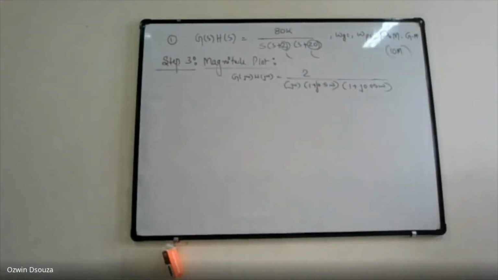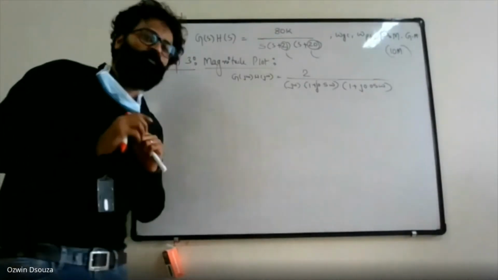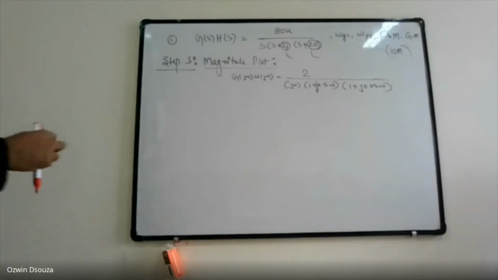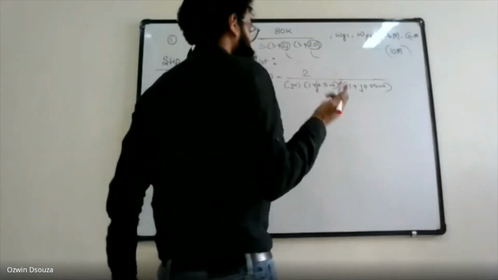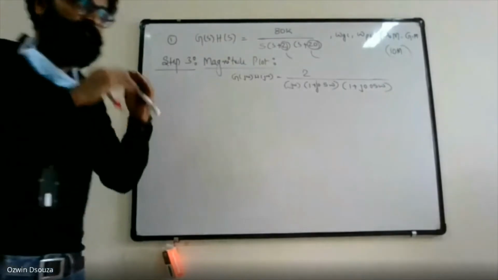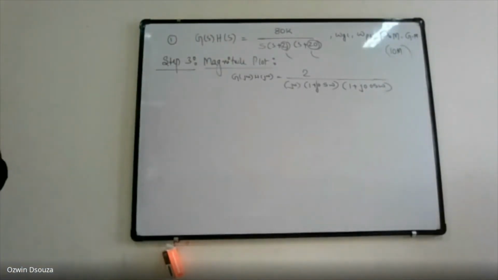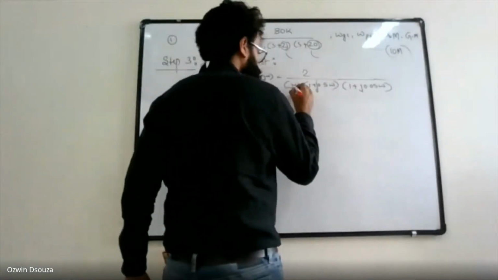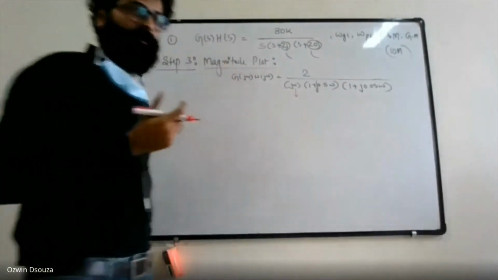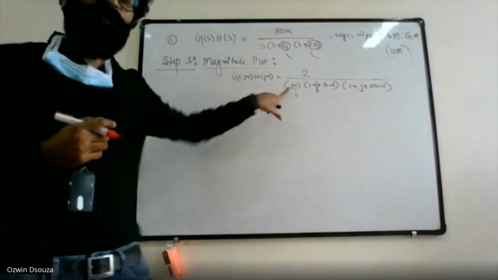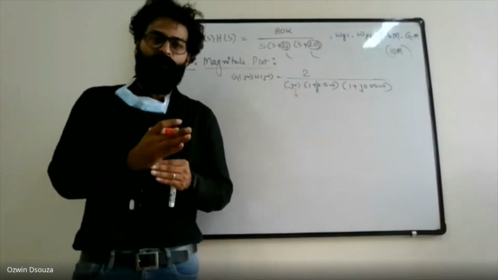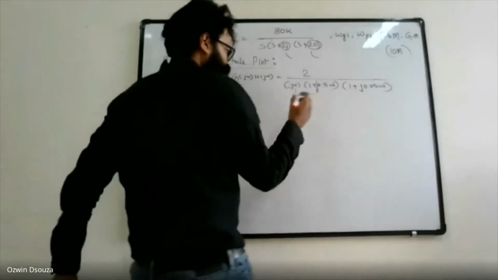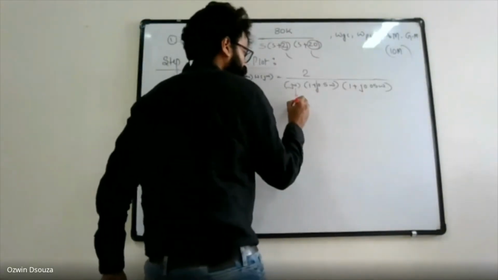So in order to draw magnitude plot, first and foremost thing is that you must write down the corner frequencies, right? Because you have to arrange the factors in the ascending order of corner frequency. All right. So first let us find out the corner frequency of this. This is not in time constant form, right? Time constant form means 1 plus j omega t form. So this is not in time constant form. So there's no corner frequency.